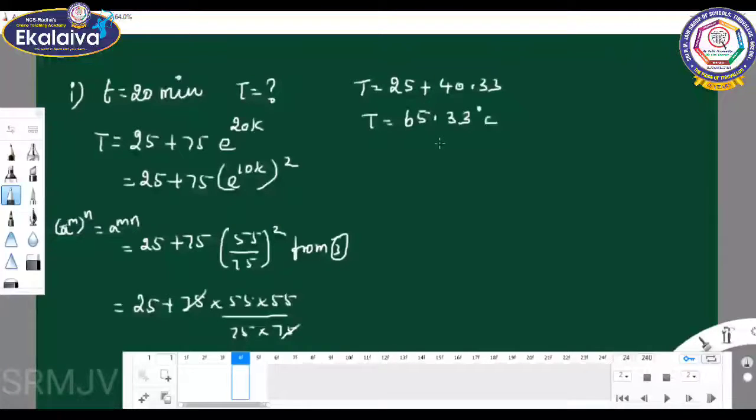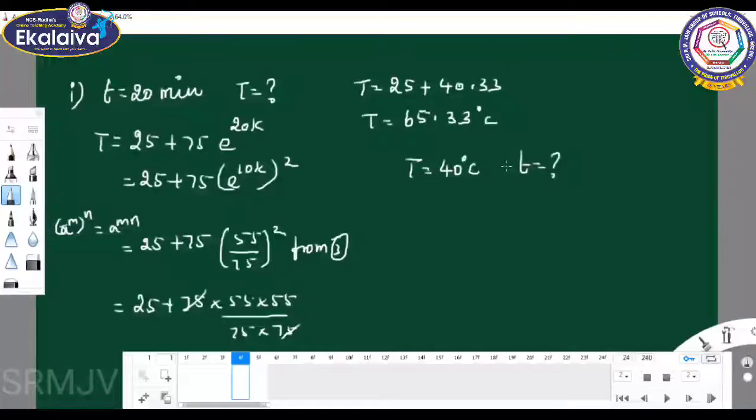65.33 degree C. Now we move on to the second subdivision: T equal to 40 degrees C. What is the time?